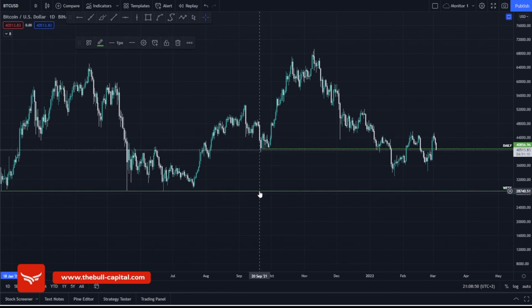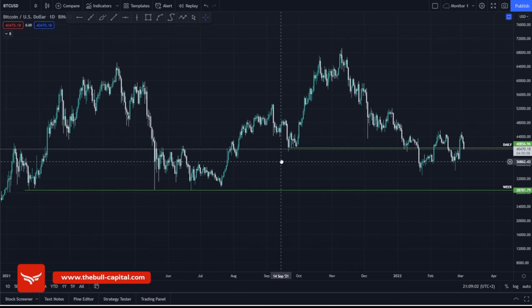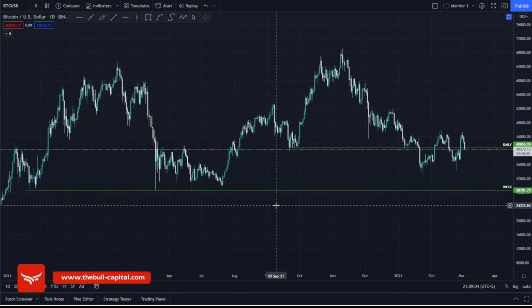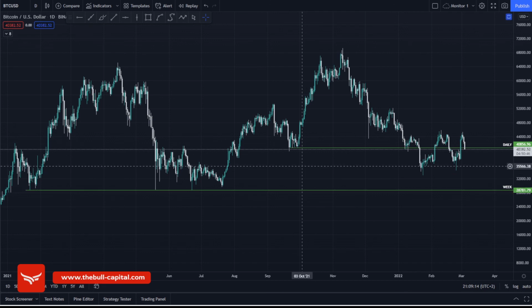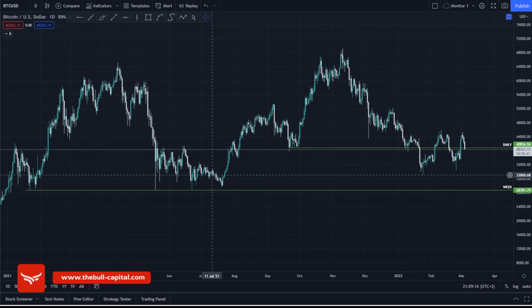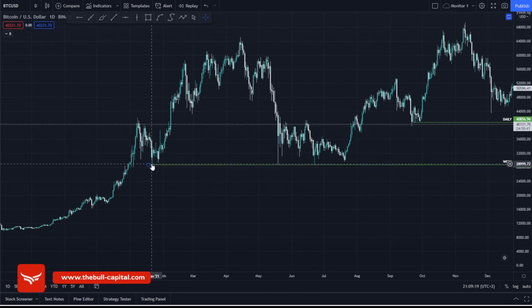So weekly support is going to be stronger than a daily support, and a daily support is going to be weaker than a weekly support. The lower you go in time frames, the weaker the level is. Now this level, you could mark it on daily also, but it actually comes from the weekly.